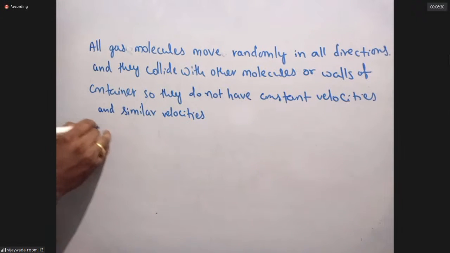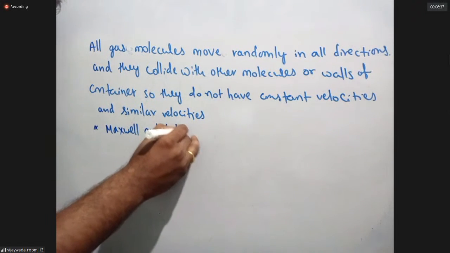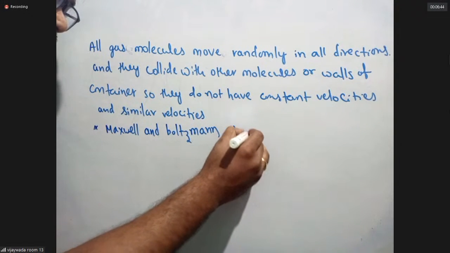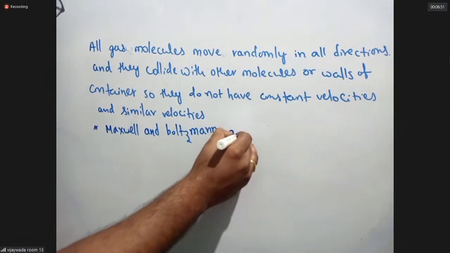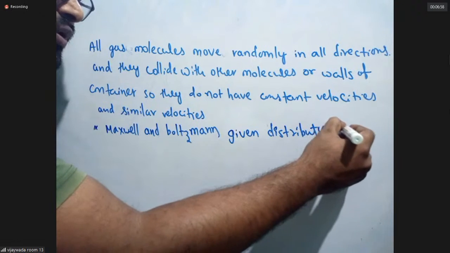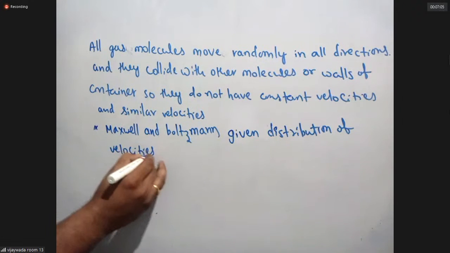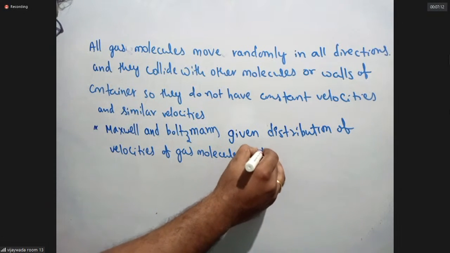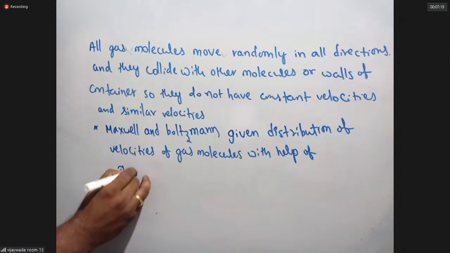Next point. Maxwell and Boltzmann studied, or gave, the distribution of velocities of gas molecules with the help of the theory of probability.